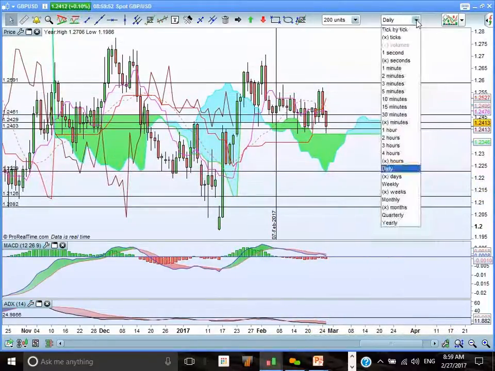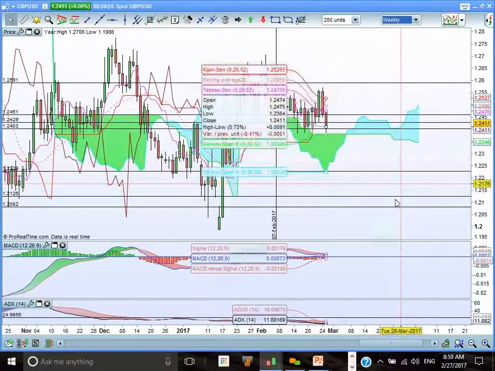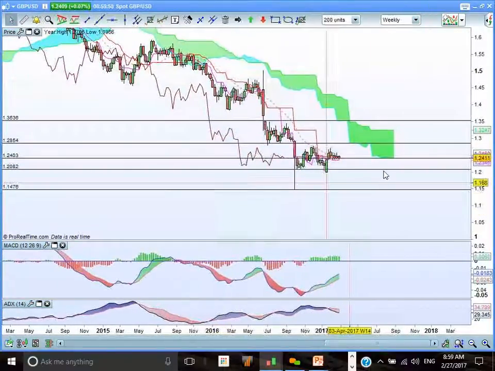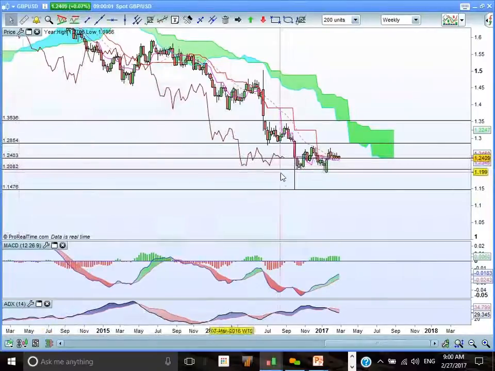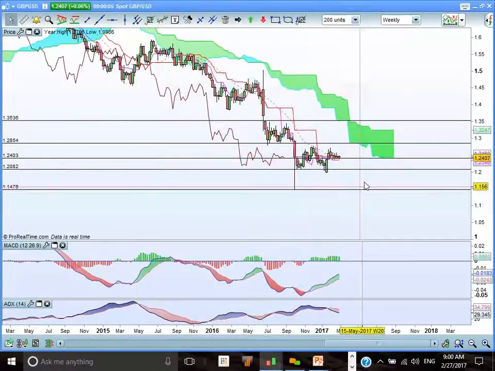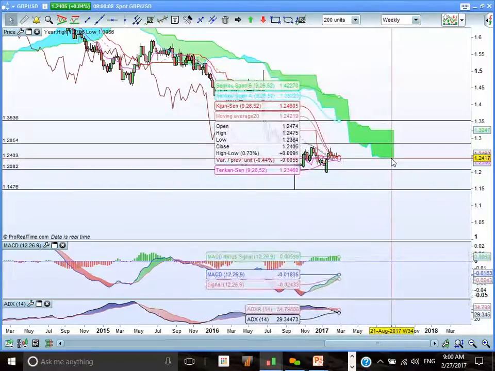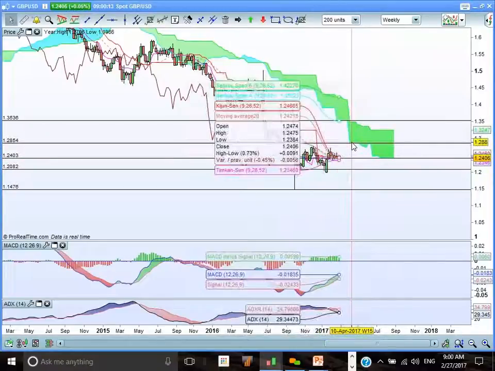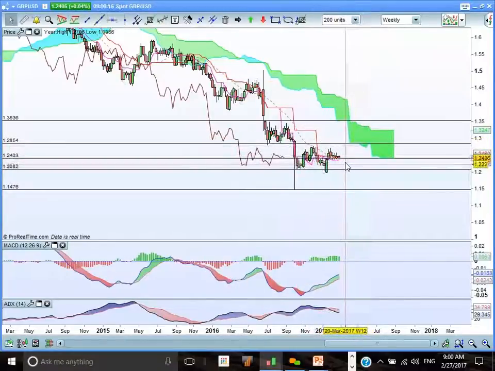What's interesting here is the weekly cloud chart still indicates a long-term downtrend in place with downside risk to 120.82 and then significant long-term downside risk to 114. But currently it's testing the front end of the cloud for support here at 124. The upside potential is back to the bottom end of the cloud here, but currently looking very weak.